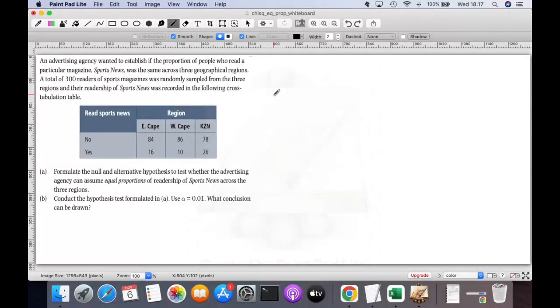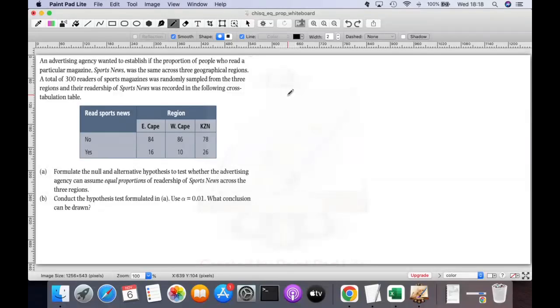Let's read this question to give you a better understanding of the test for equal proportions. An advertising agency wants to establish if the proportion of people who read a particular magazine's sports news was the same across three geographical regions, three provinces listed in the table. There was a total of 300 readers, randomly sampled.